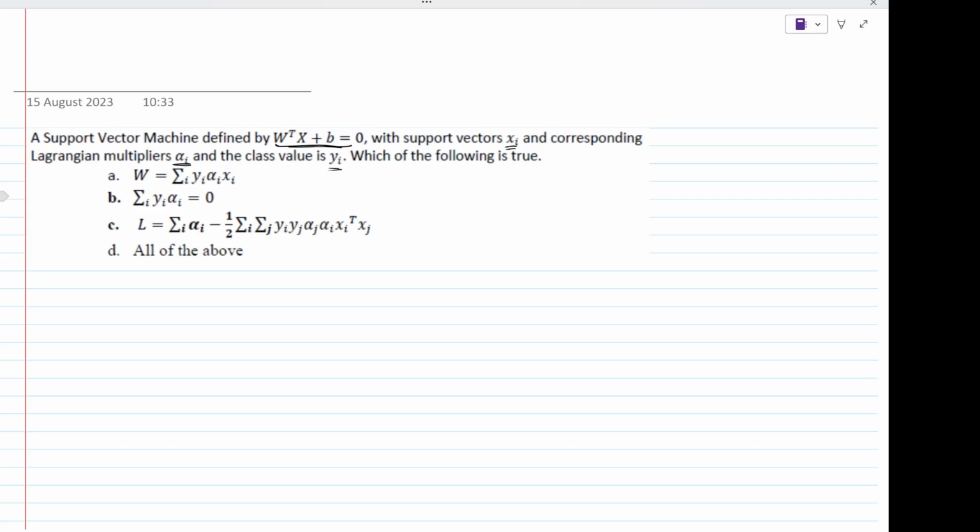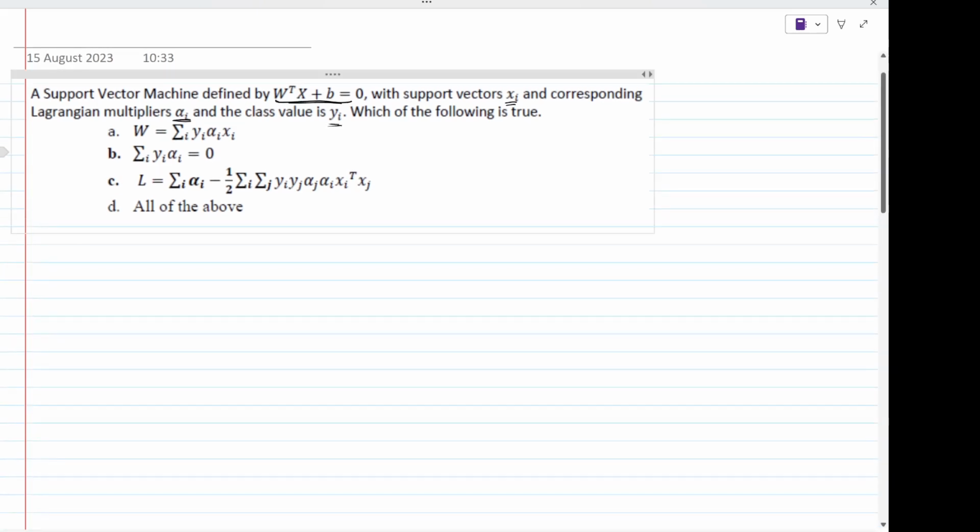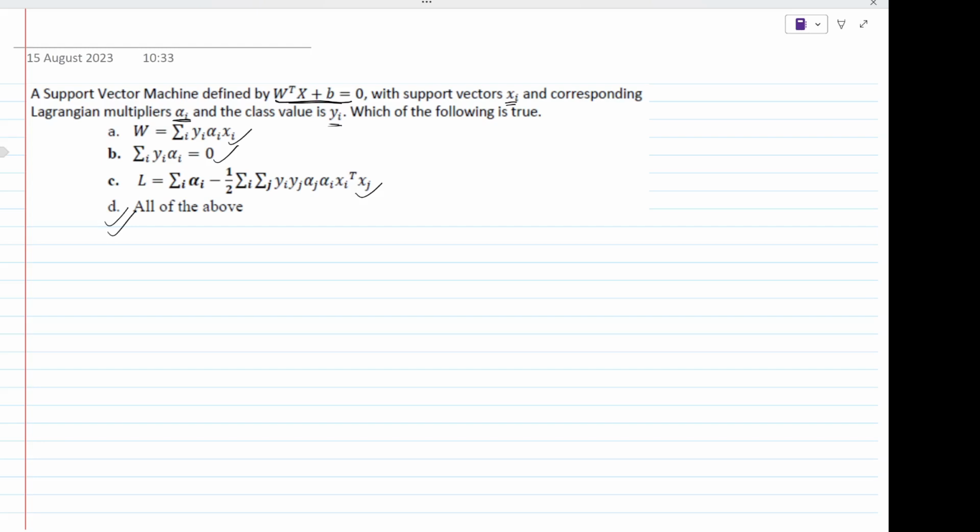If you remember the way it was derived in the lectures. Option D, sir. We are saying the answer is D. Yeah, it seems all options are correct. So maybe I'll just try to derive how this comes.